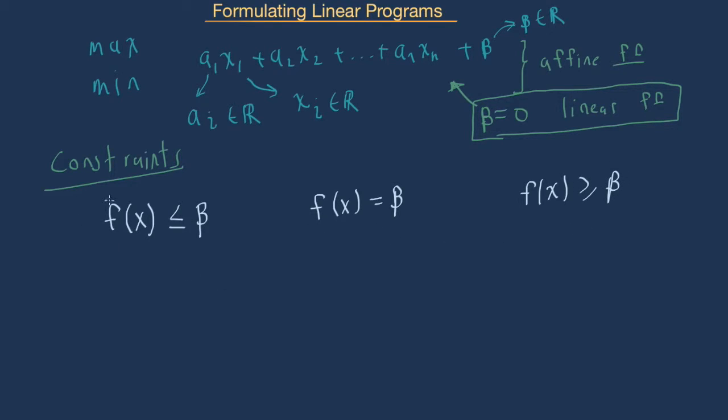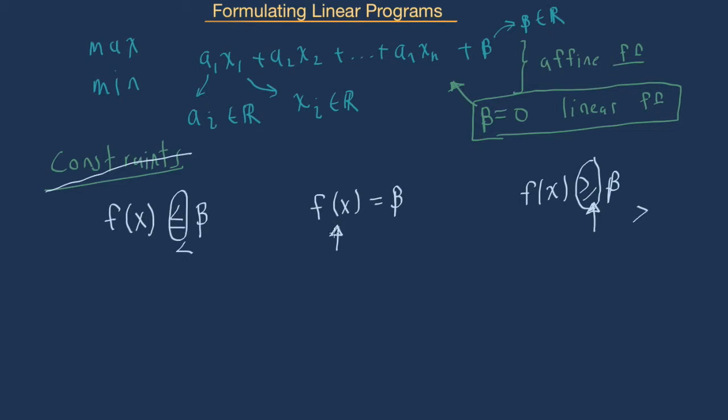Now, the constraints have to be a finite number. You cannot have an infinite number of constraints. It's also important that when you have less than or equal to or greater than or equal to, the equal to is very important. You cannot have a constraint that's just greater than or just less than.